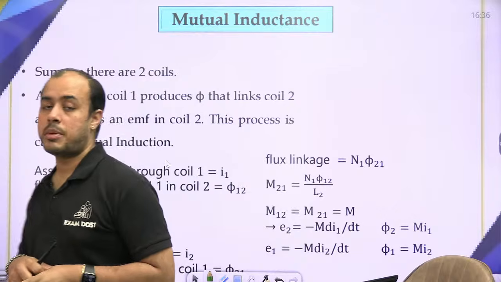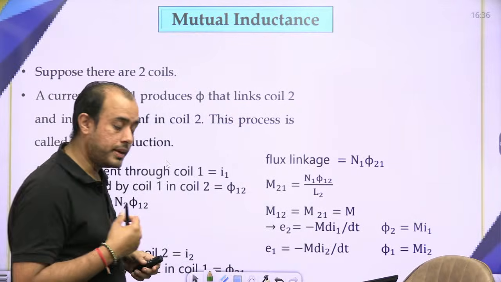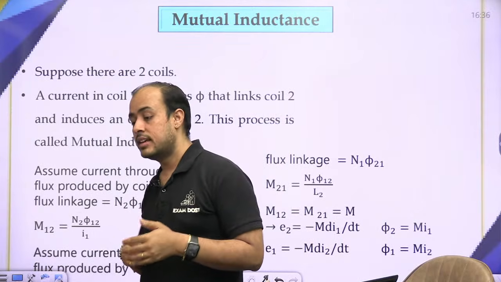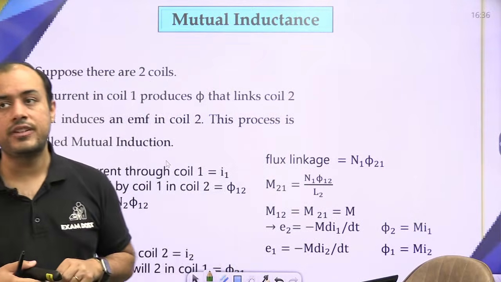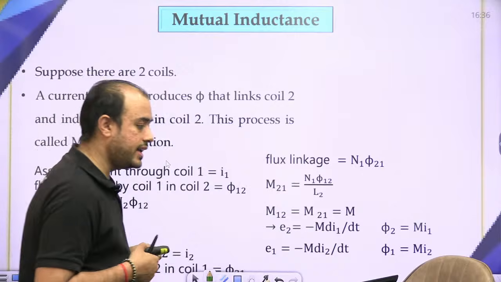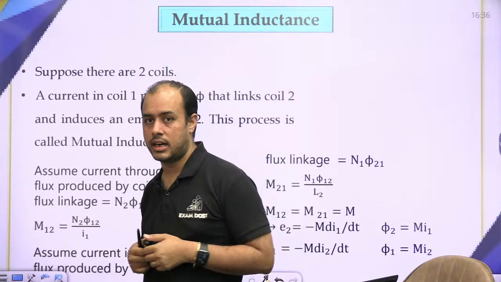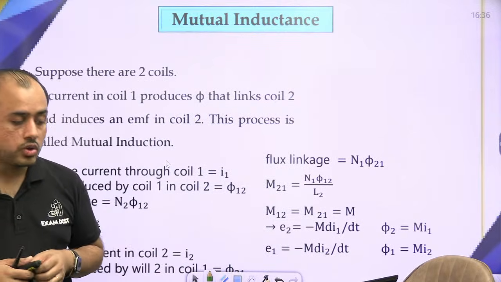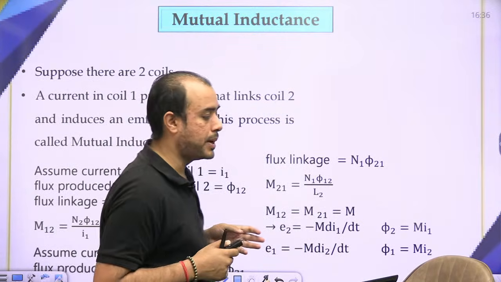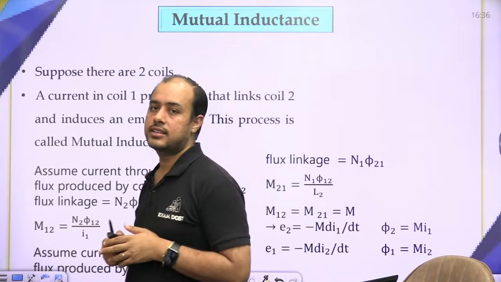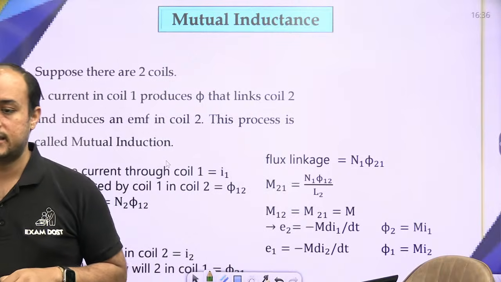Okay, then you talk about mutual inductance. So if one coil produces a flux which causes an EMF in the other coil, then this is called mutual induction, and the proportionality constant between mutual flux and current is called mutual inductance.